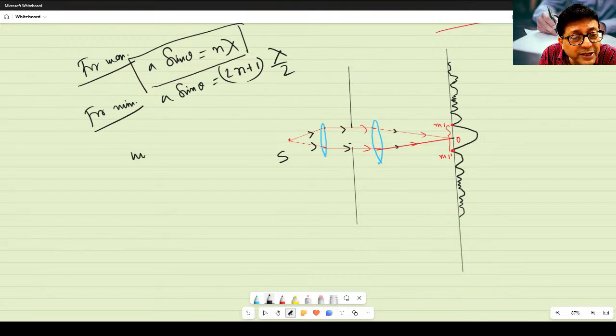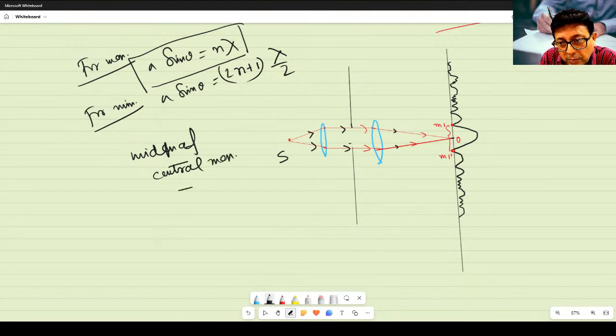So the width of central maximum is equal to M1 M1 dashed. But how have I got M1? For first minima, what is the angle?